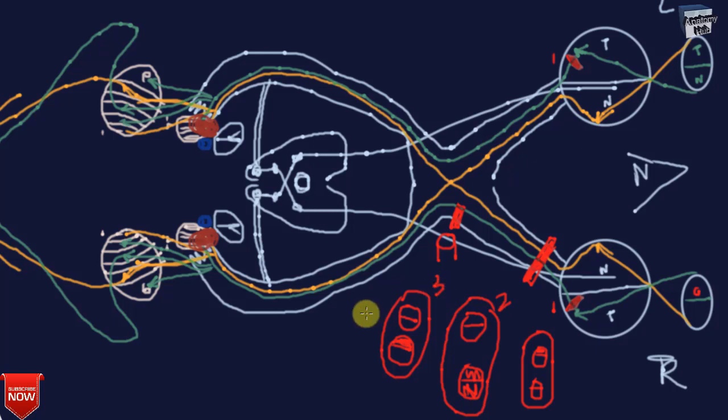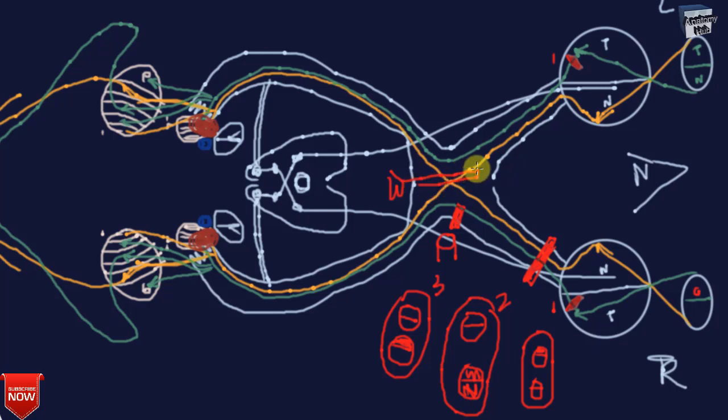Then if you find a lesion due to tumor growth from the pituitary gland, so there is the presence of the pituitary gland. From the pituitary gland, if a tumor develops, then the lesion will be over here.